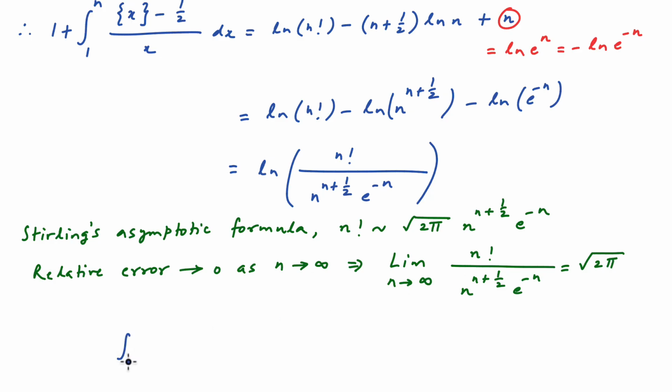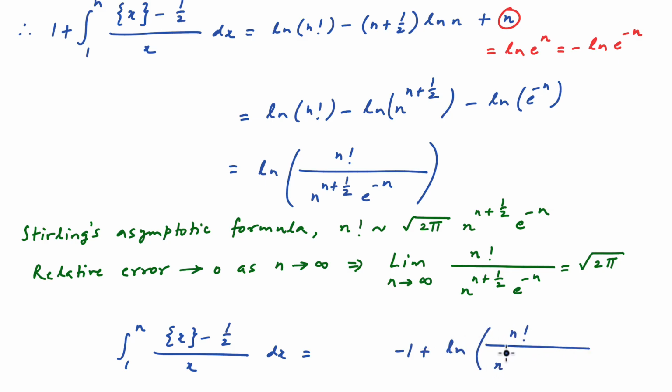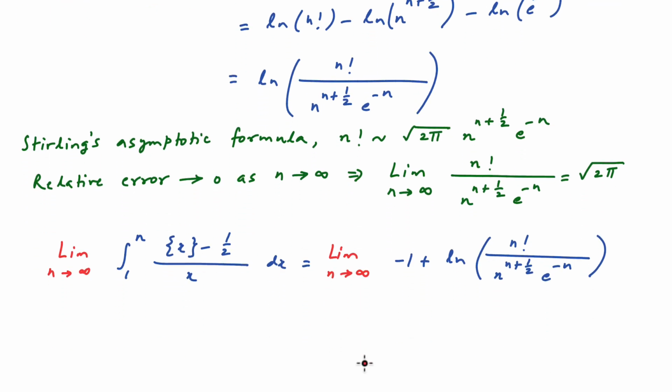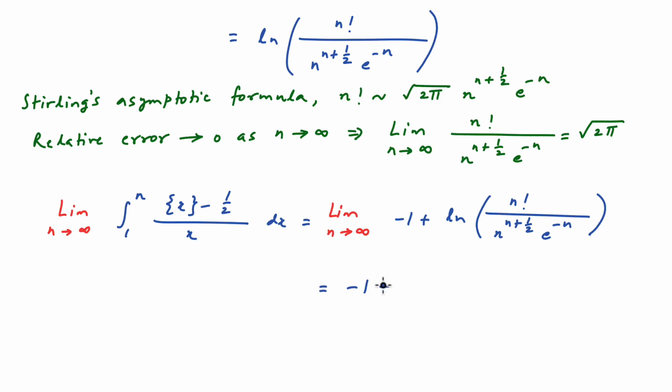Now from the previous line, integral 1 to n, fractional part of x minus half upon x dx is equal to minus 1 plus ln of n factorial upon n raised to the power n plus half times e raised to the power minus n. As n tends to infinity on both sides, using Stirling's asymptotic formula, the right hand side becomes minus 1 plus ln of root 2 pi.